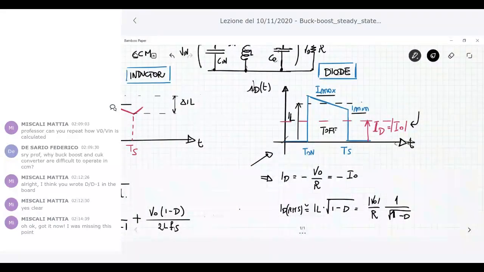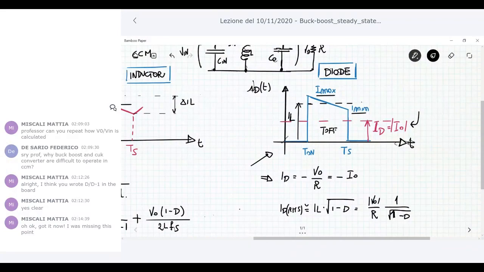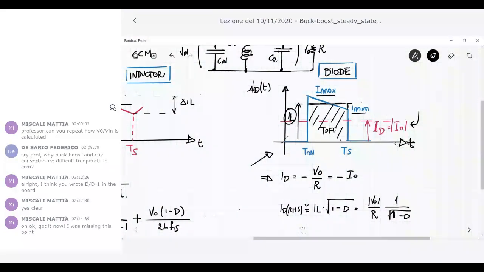One of the most employed is the flat top approximation. You can approximate the curve by the mid value between Imax and Imin, so it is exactly the average value of IL. So you now have a rectangular waveform of the current, and then you can get this expression.